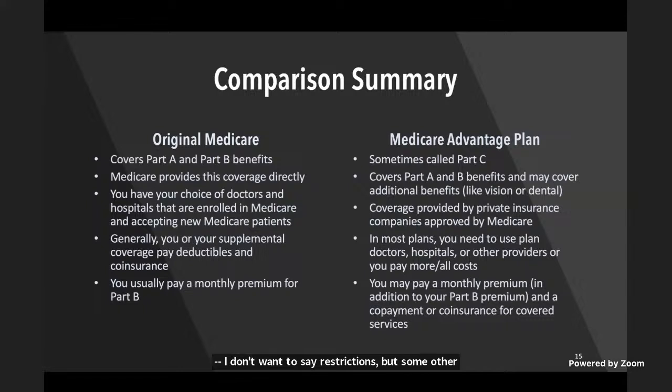So with original Medicare, I can basically walk into any physician's office, any hospital in the United States that is accepting Medicare and get coverage. But with a Medicare Advantage plan, I may have to use a particular provider or set of providers. And so be very careful in choosing between original Medicare and Medicare Advantage.